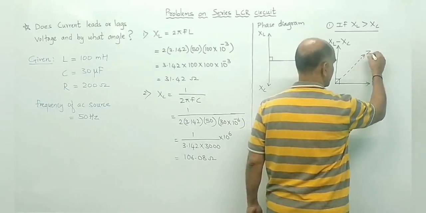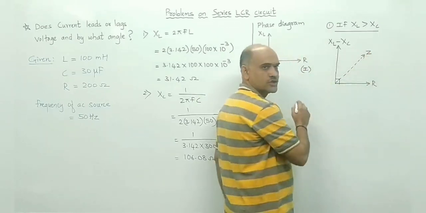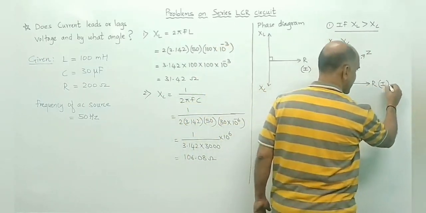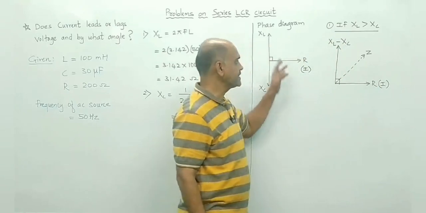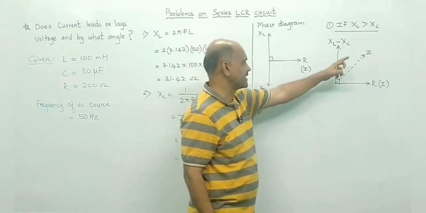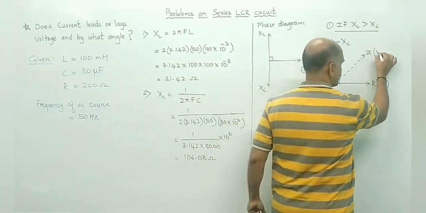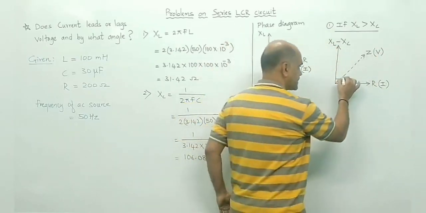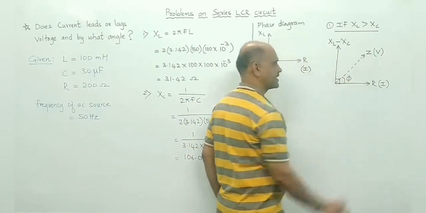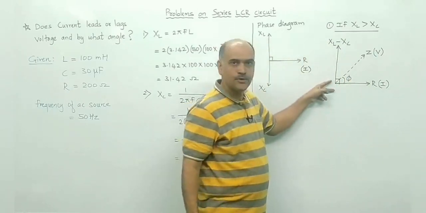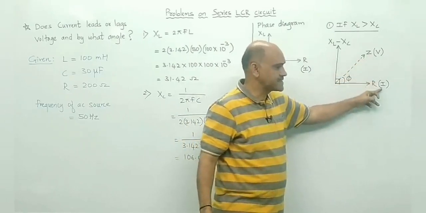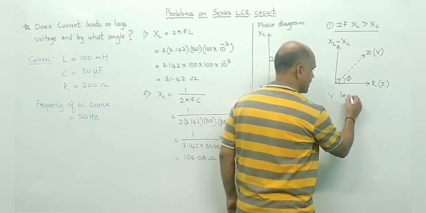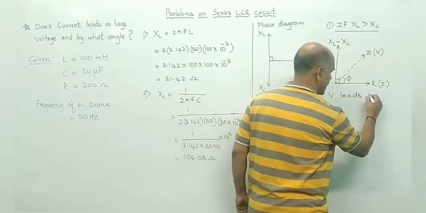Current will be along resistance, I, and voltage will be along the resultant, that is along Z direction. So this is the phase between voltage and current. From this diagram you can say that voltage leads current I.